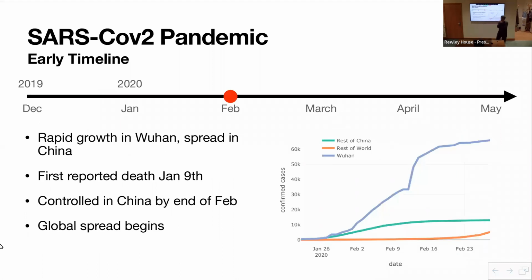So what then happened? Suddenly there was very rapid growth in Wuhan, and also spread in China, and people started to die. It was very bad. However, the Chinese stamped down on it very quickly, and they managed to get it all under control by the end of February. So they were very successful at preventing the spread of it.